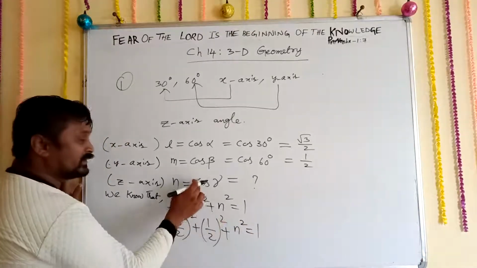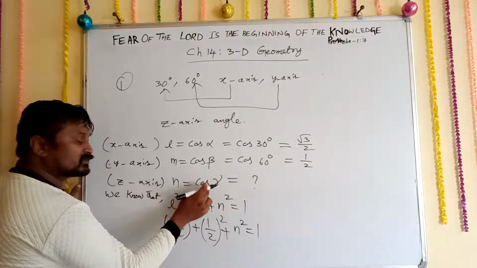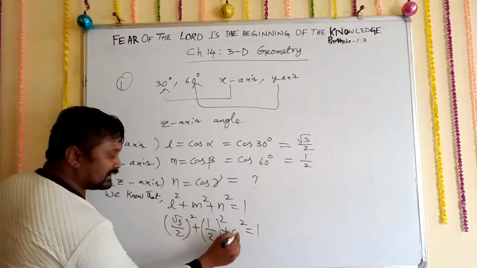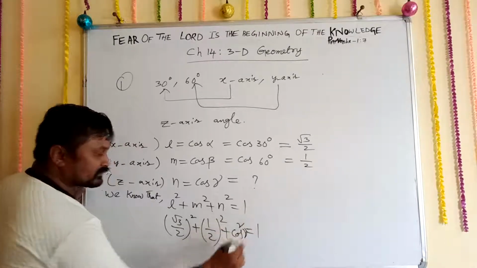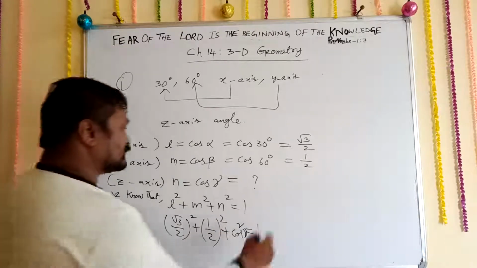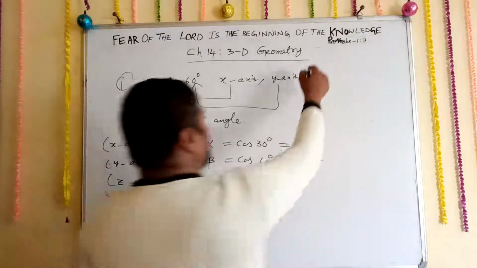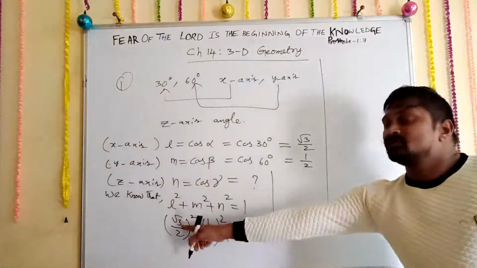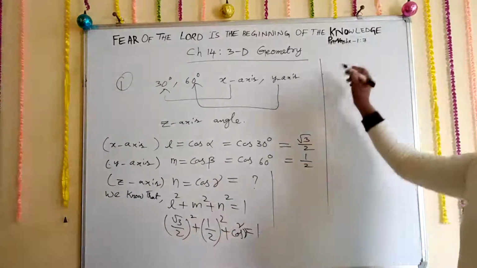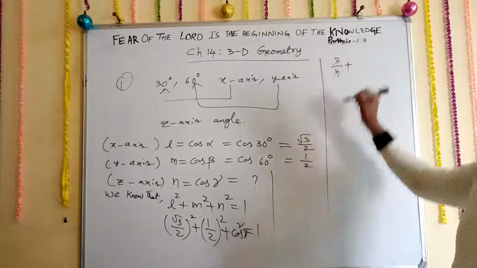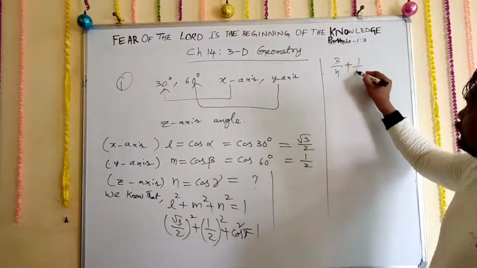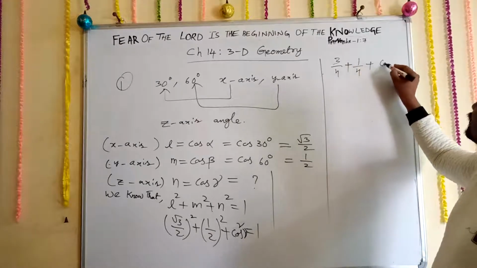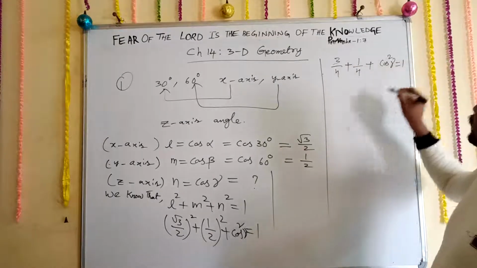Here N is cos gamma, so I'll write cos square gamma. Root 3 whole square upon 2 square means 3 upon 4, plus 1 upon 2 whole square is 1 upon 4, plus cos square gamma is equal to 1.